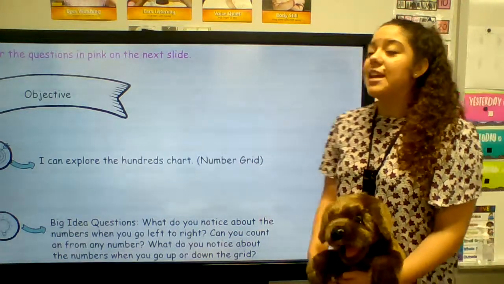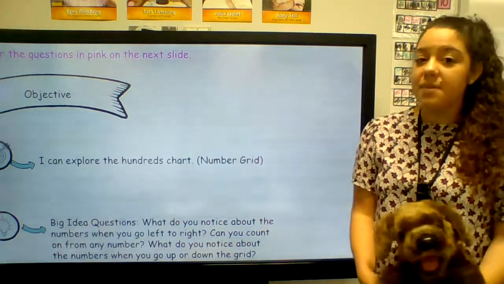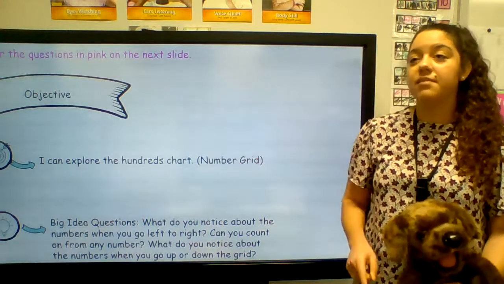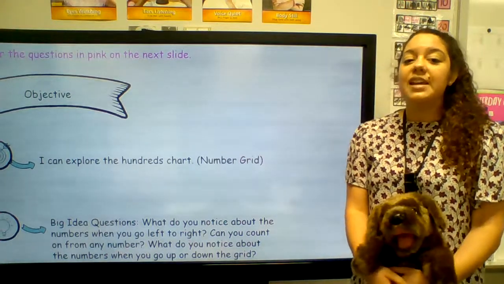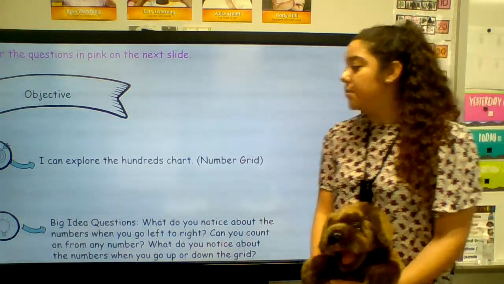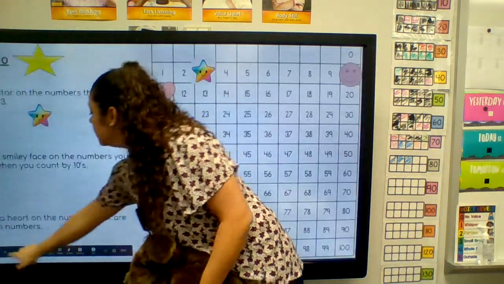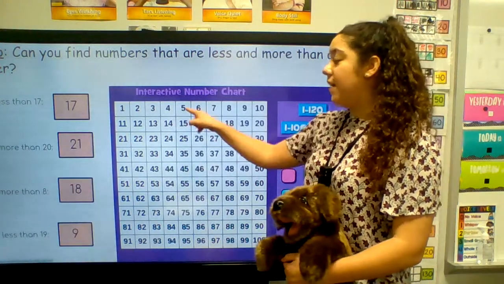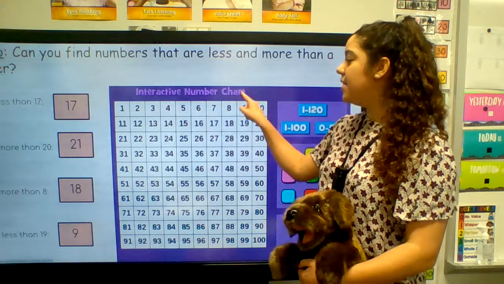Were you able to answer these big idea questions? Like, what did you notice about numbers when you go left or when you go right? Did the numbers get bigger or smaller? And can you count on from any number? For example, if I say, can you start at 5 and keep counting on? 5, 6, 7, 8.